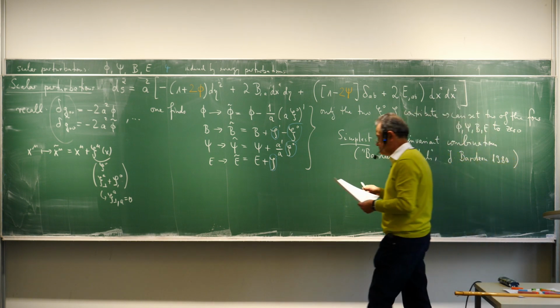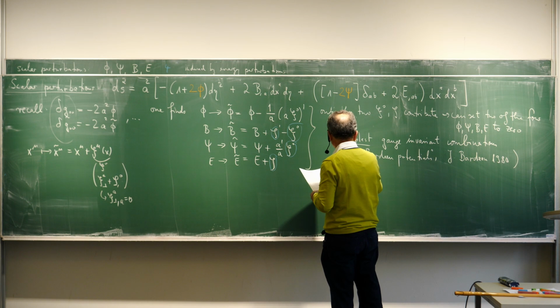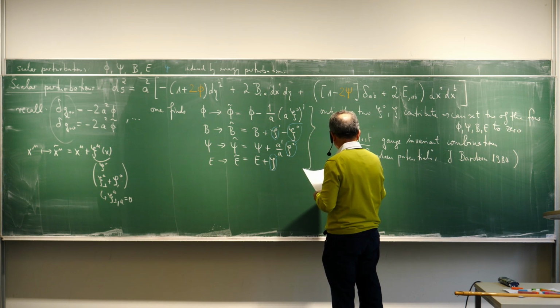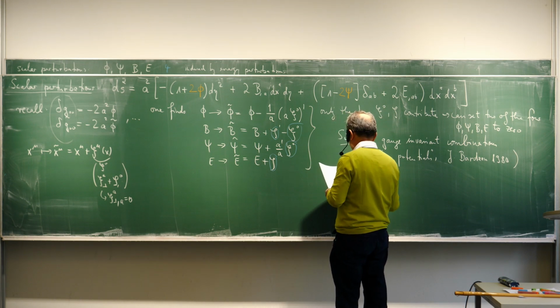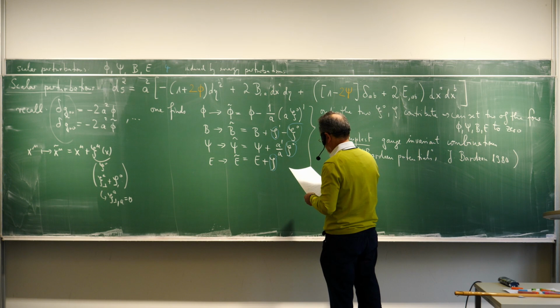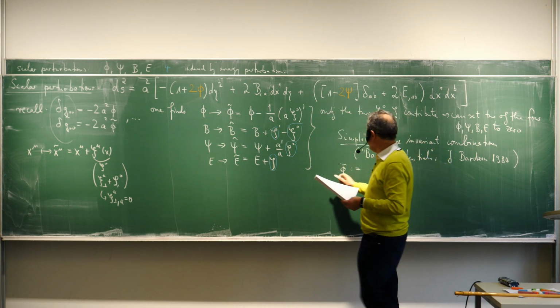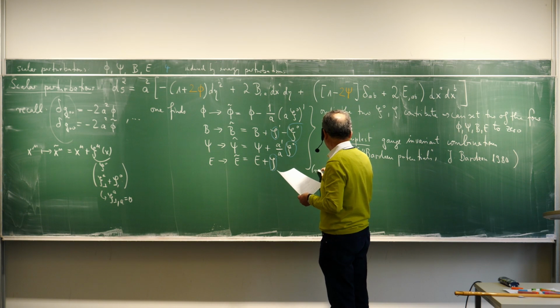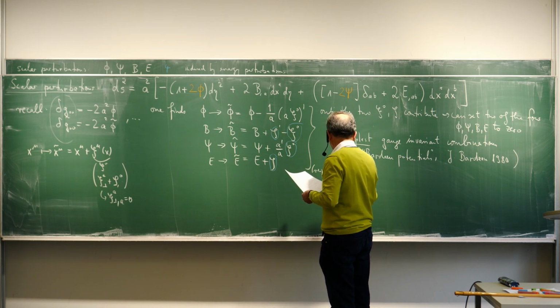And the two Bardeen potentials are defined as follows. So I call them capital Φ and capital Ψ. Sometimes they are named differently, or they get an index B, for Bardeen, for example Φ_B or Ψ_B.